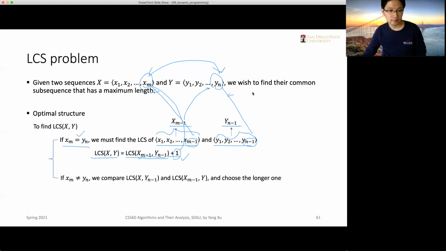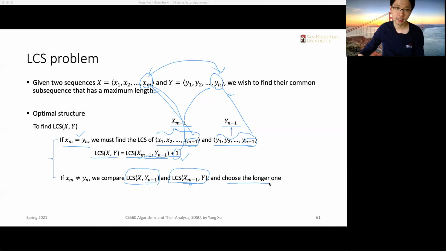So if not, right, things are more complex. Then we can either shrink the size of y by 1 and look at the longest common subsequence between x and y n minus 1, or we can shrink the size of x by 1 and look at the longest common subsequence between the shrunk x and y, and we choose whichever is longer, right?